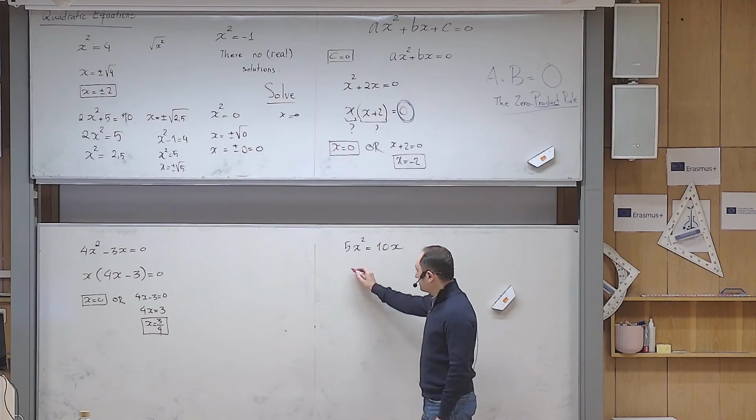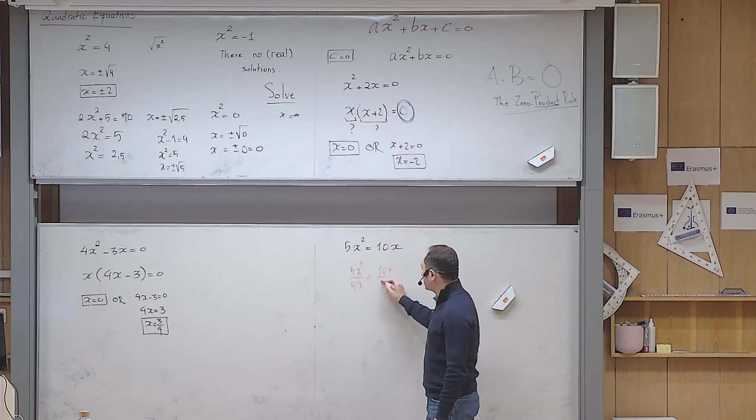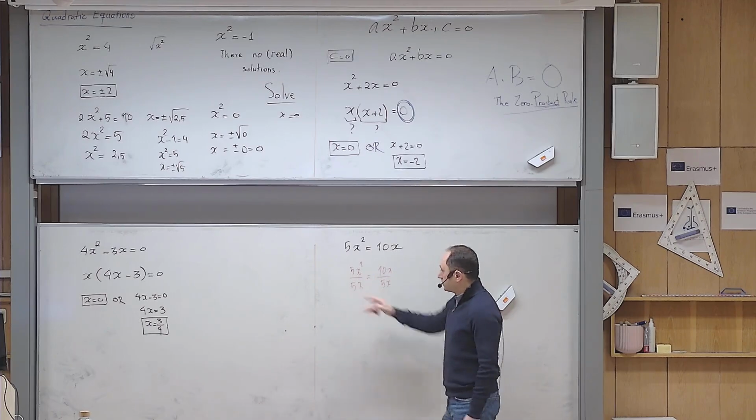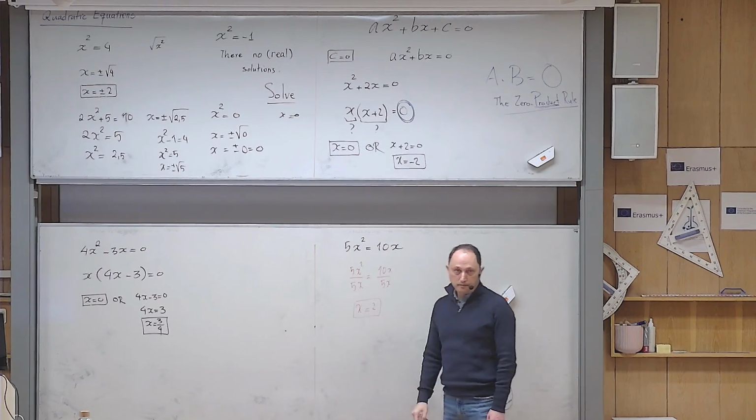Okay, let us see what happens. If I divide by 5x, I divide the right hand side by 5x. So what happens here? What is this answer? x. What is this answer? 2. And they are happy that they solved the problem.